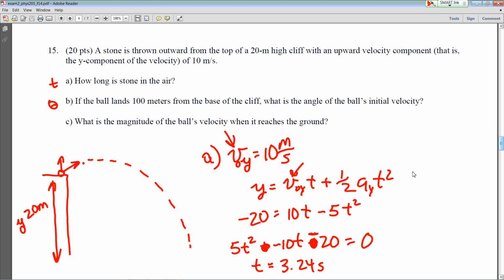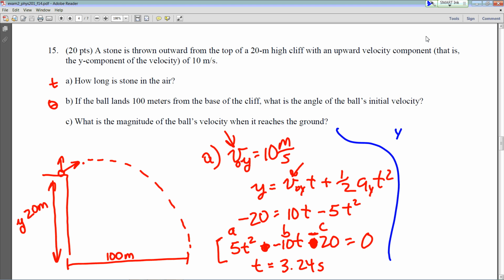Y'all okay on the quadratic? You just want to put it in this form. This is A, this is B, this is C. And then you plug it into the quadratic formula. All right, and then if it lands 100 meters from the base of the cliff, so if this is 100 meters, I want to know what is the ball's initial velocity.